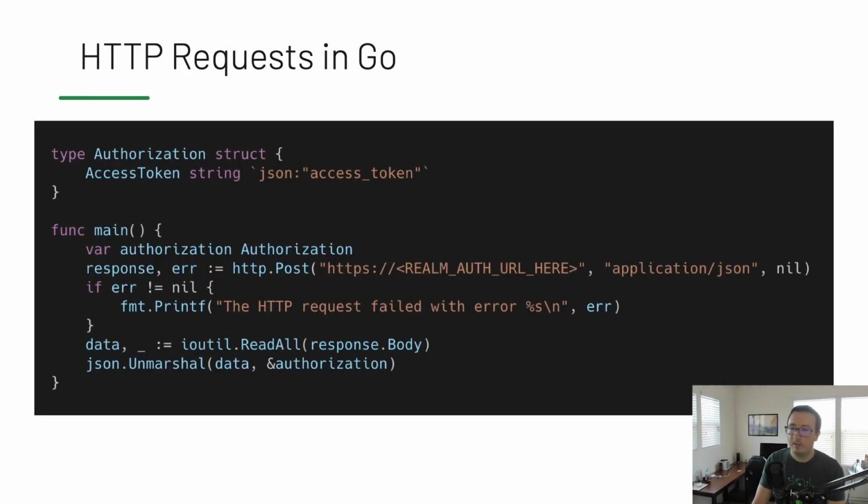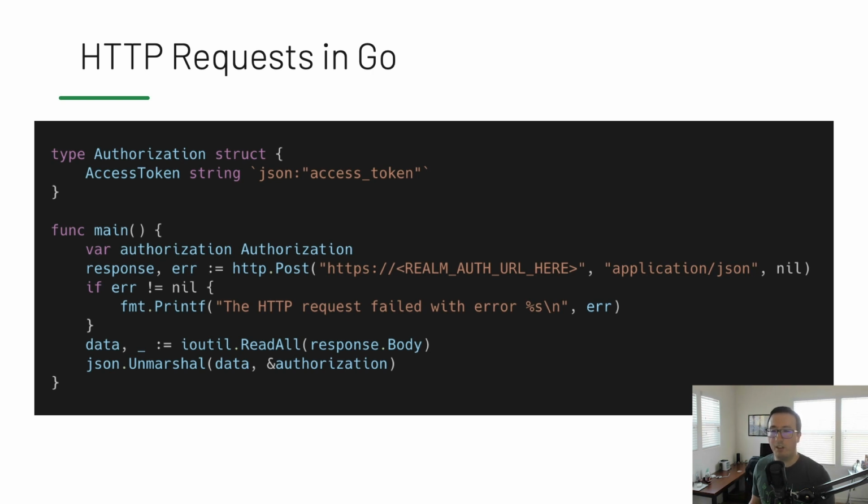Now, just because you are using GraphQL and you're making use of MongoDB Realm, it doesn't mean that you won't ever want to consume GraphQL in Go. It happens, just like in Go you might need to consume REST APIs. So in this circumstance, maybe I create an authorization data structure with an access token, because to use MongoDB GraphQL, you will need to have an access token.